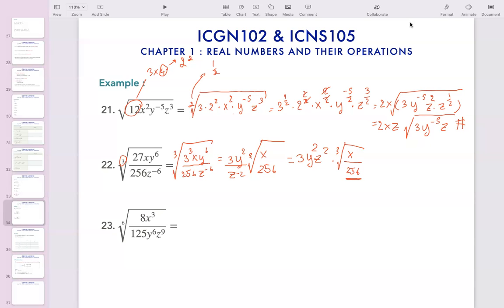In this case, if you take 256 to be 2 to the power of something, you get x over 2 to the power of 2 times 2 to the power of 6, then you can take 2 squared out, and you can have 4 here.